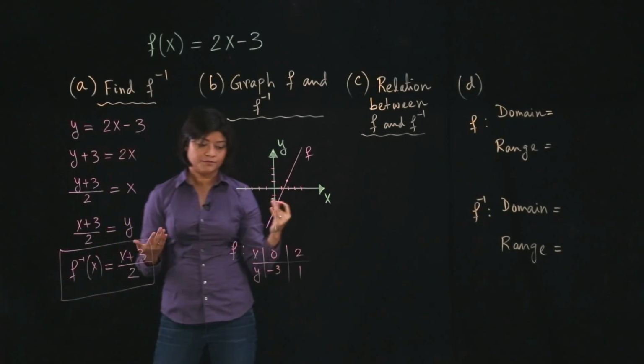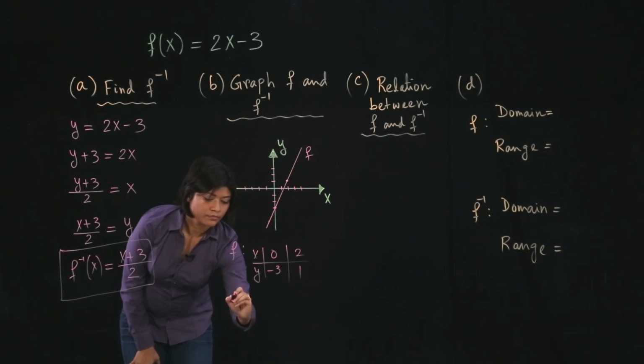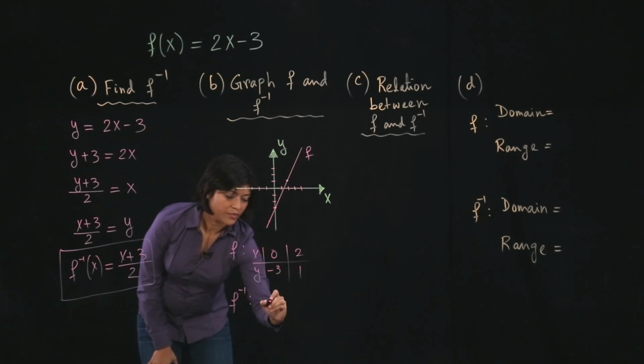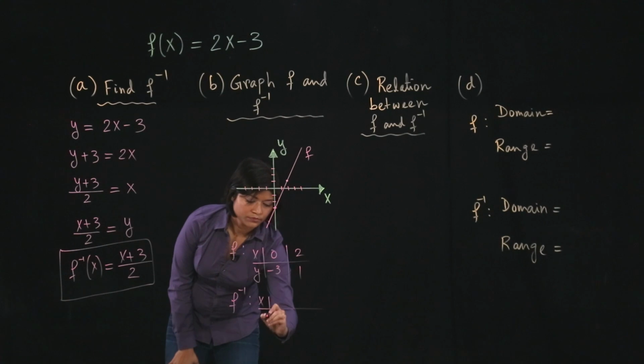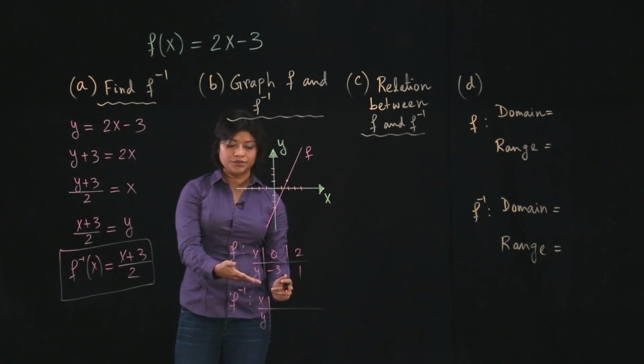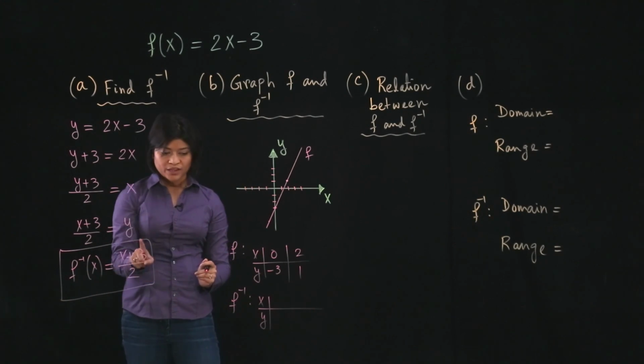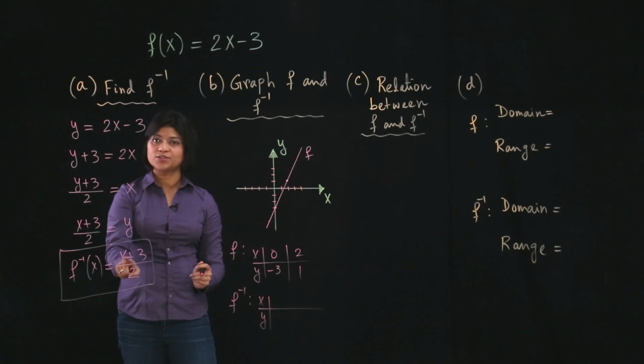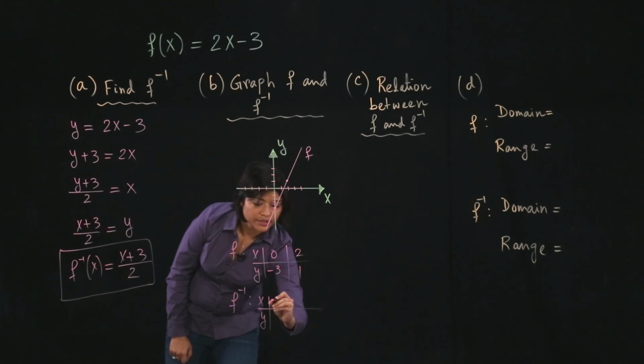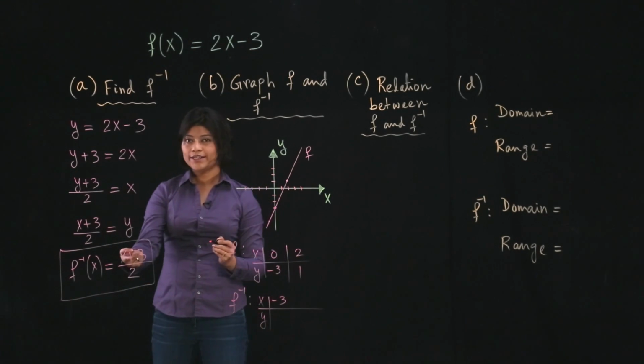Let's do the same thing for f inverse. Make a small table, plug in some x values and some y values. Now f inverse, the expression is right here. So I want to choose x equals negative 3. Why did I choose that?